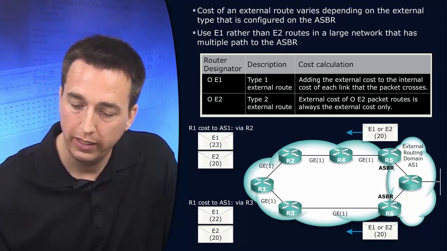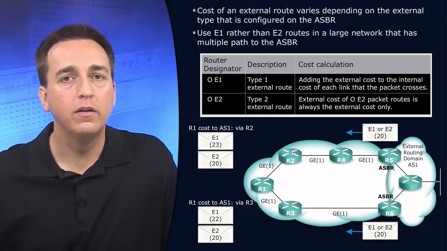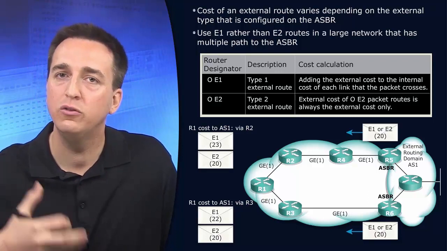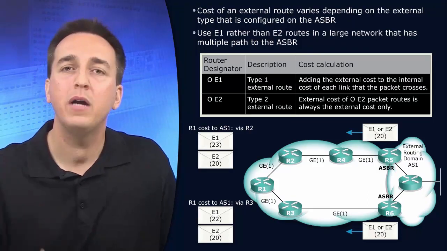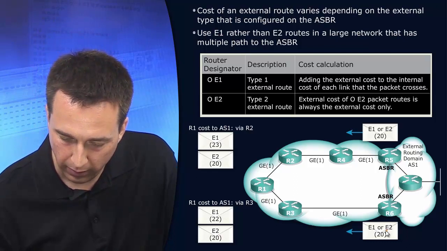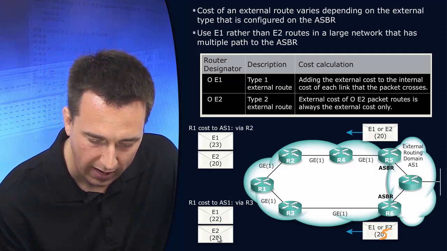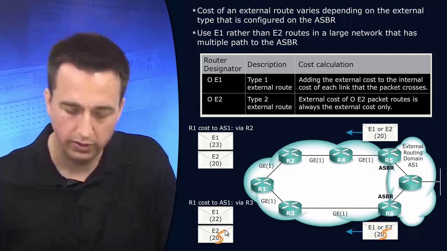So what I can do here is manipulate that E2 metric. For example, if I want R5 to be used as the primary exit point out of the environment, well, let's change this cost to 25. If I change this cost to 25, now which path is going to be used?